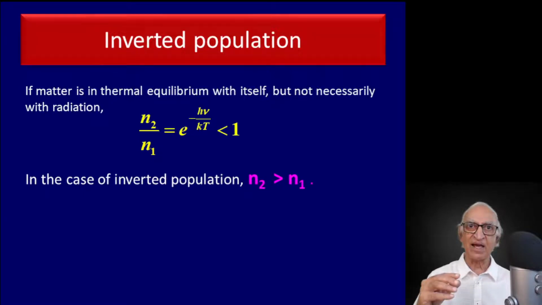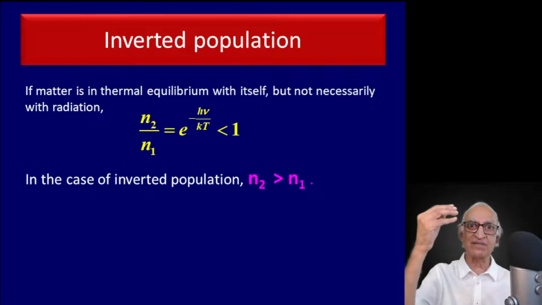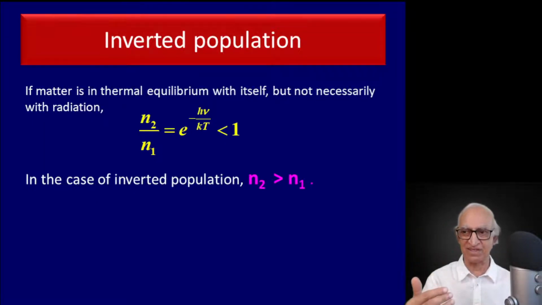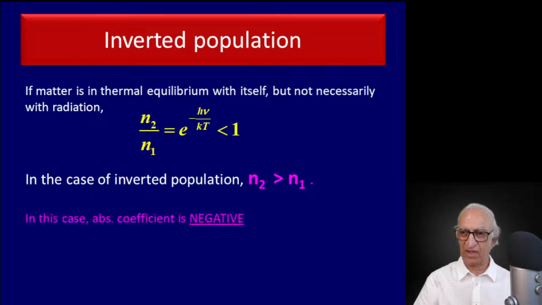But under some special circumstances, the number in the upper level can be larger, indeed very much larger, than the number in the lower level. N2 can be greater than N1. In this case, the absorption coefficient is negative, because we said the absorption coefficient is stimulated absorption minus stimulated emission.